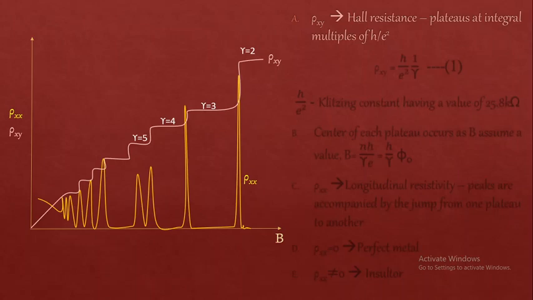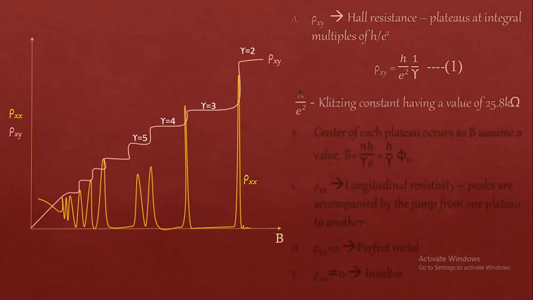First, if you consider rho xy, it has plateaus at integer multiples of h by e square. That is, rho xy is equal to h by e square into 1 by gamma. Let us call it equation number 1, where this gamma is an integer with an accuracy of 10 raised to minus 9. h is the Planck's constant and e is the charge of the electron, or the elementary charge.